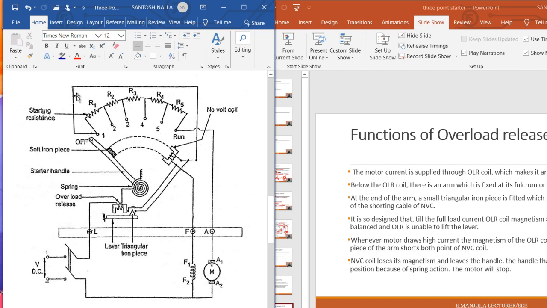Like this. We see that as both are shorted, no current will flow from the NVC. So the current will flow directly through the field.